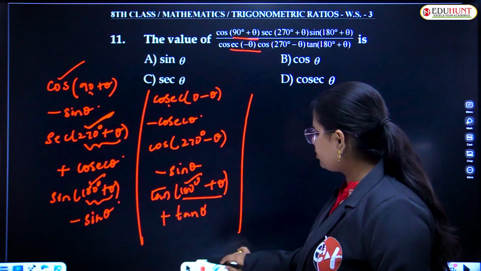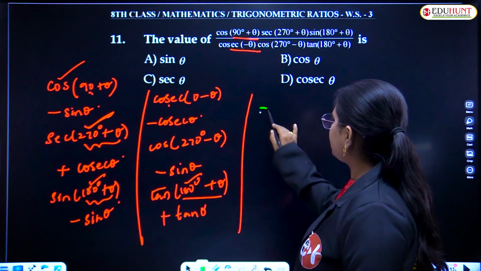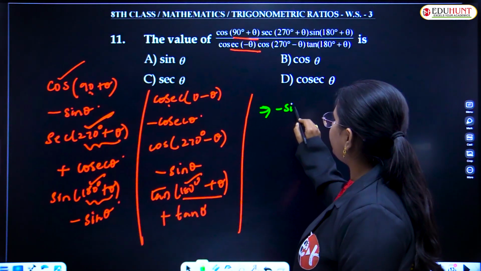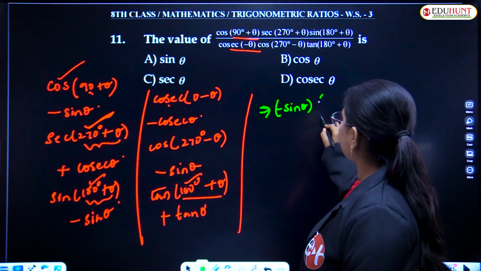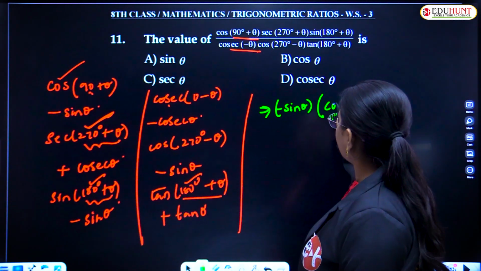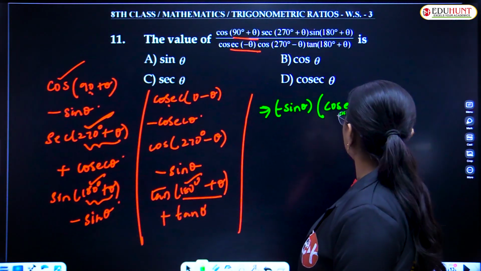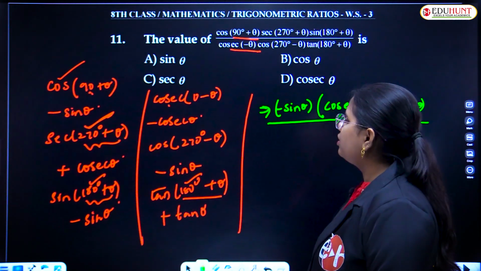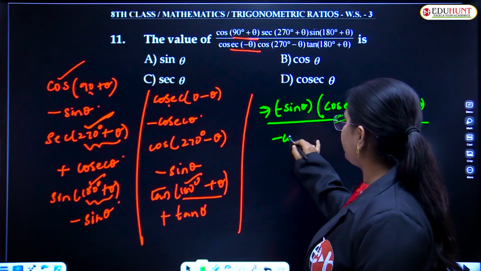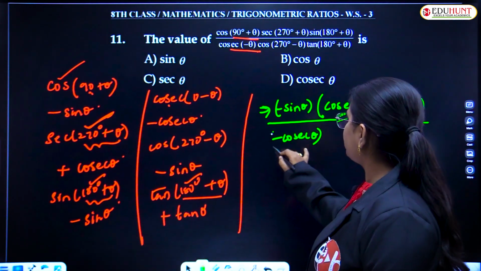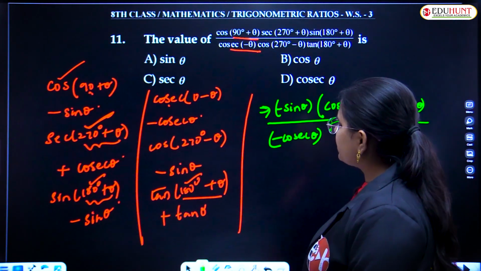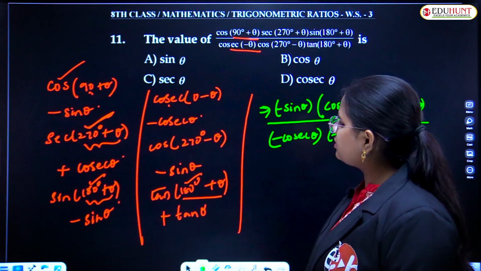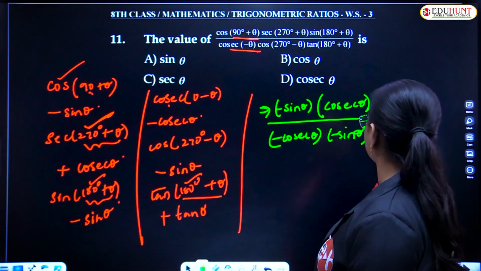So let's substitute all the values together. Cos 90 plus theta, here we got minus sine theta, into cosecant theta, into minus sine theta, divided by cosecant of minus theta, which is minus cosecant theta. Next, cos 270 minus theta, I got minus sine theta. And this, we got tan theta.